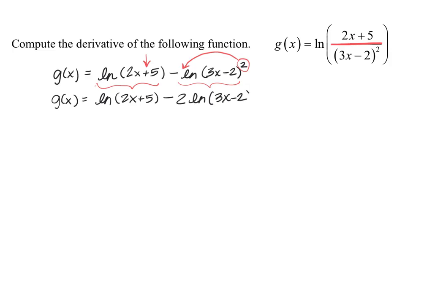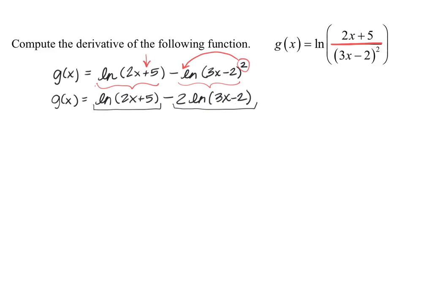And once again, if we look at the argument of the second logarithm, we see the argument is 3x minus 2, and because of this subtraction, we know that we are done and we cannot use any additional properties of logs. So now what we've essentially done is we've changed our function into a function that has two terms. So the first term is the natural log of 2x plus 5, and the second term is 2 times natural log of 3x minus 2.